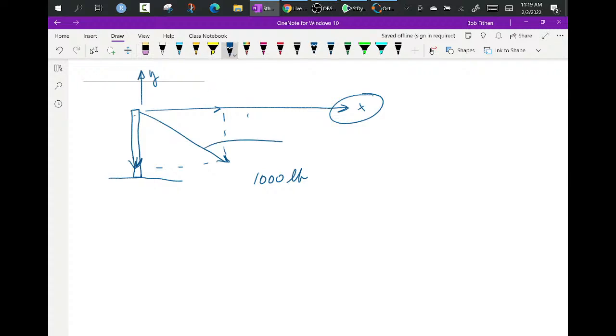Now I'm going to take this force and redraw it down on the page.